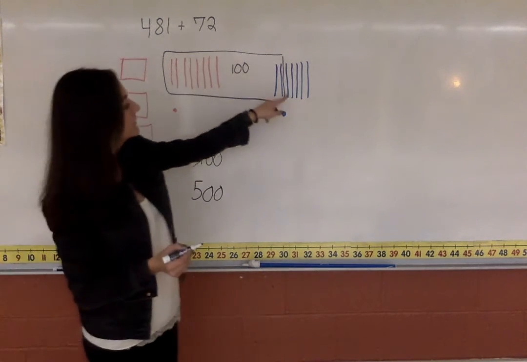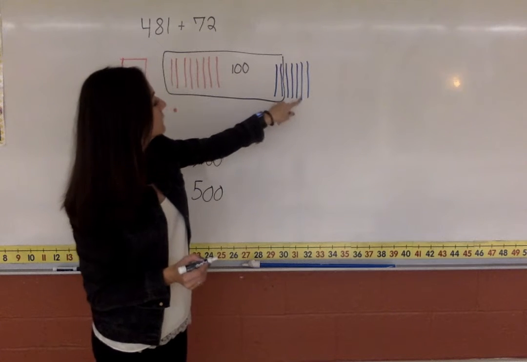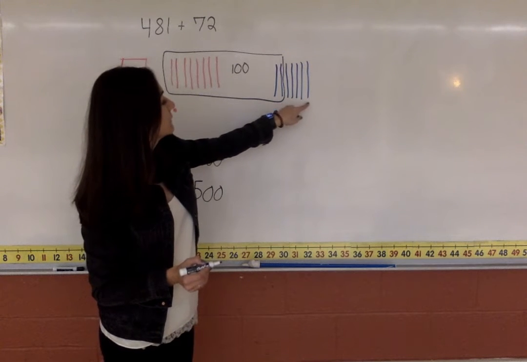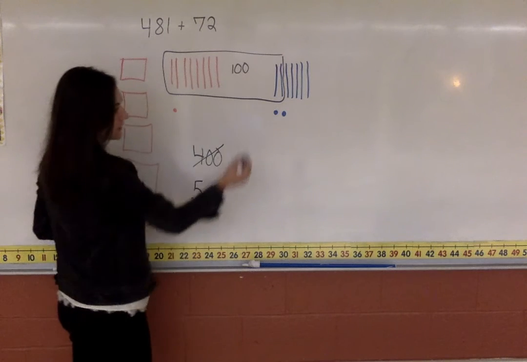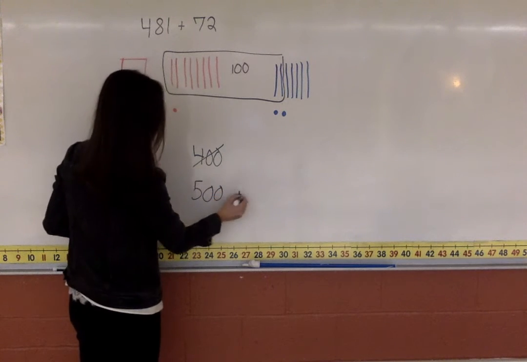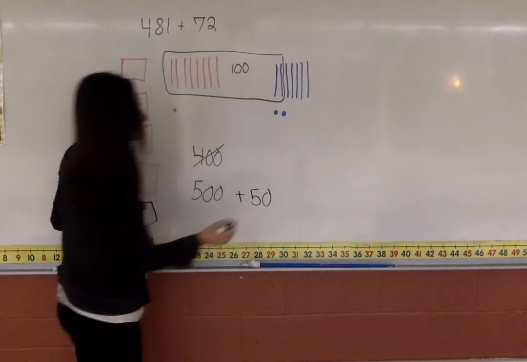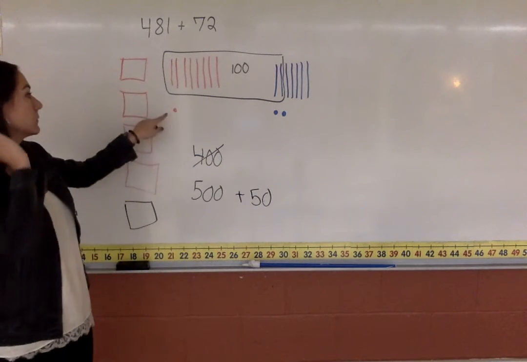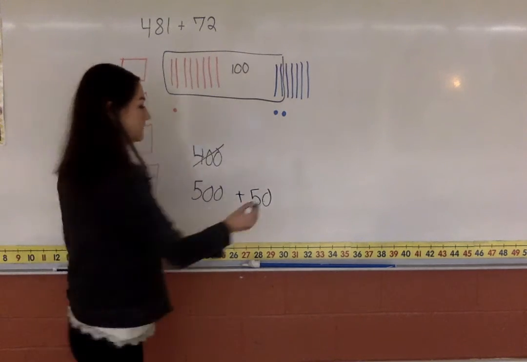So I have 10, 20, 30, 40, 50. So I have 50 or 5 in the tens place. And then I'm going to count my ones. 1, 2, 3.